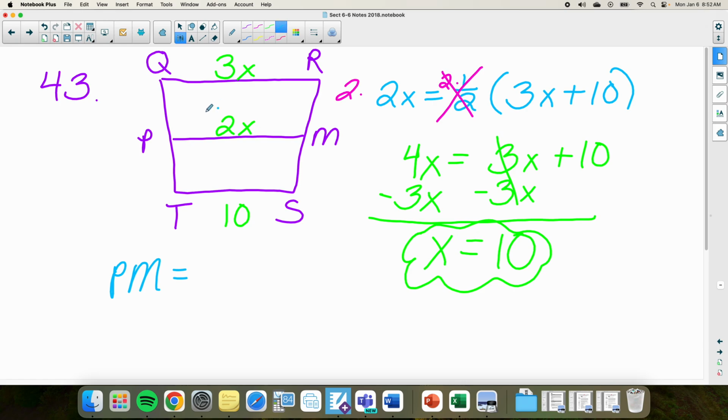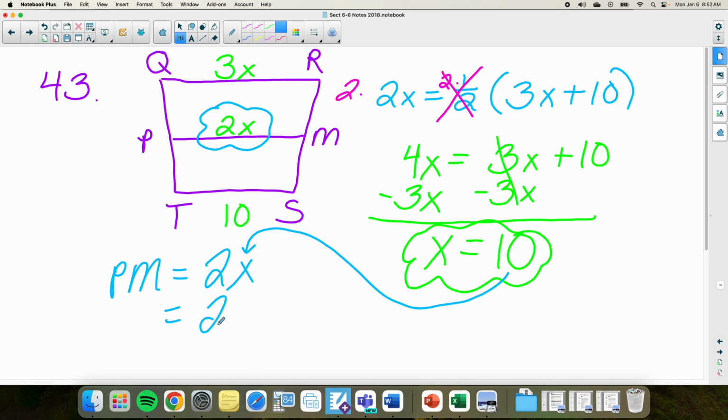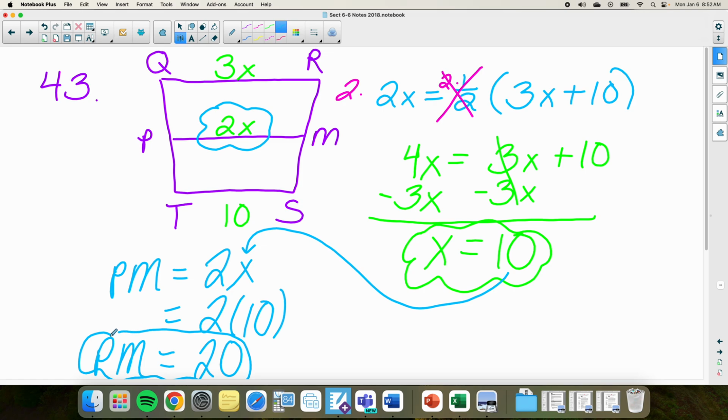PM is 2 times x, okay? So what we would do then is take this 10 and put it in for x. So PM would equal 20. So like I said, when they give you the 2 bases and the mid segment, you have to set it up as an algebra equation.